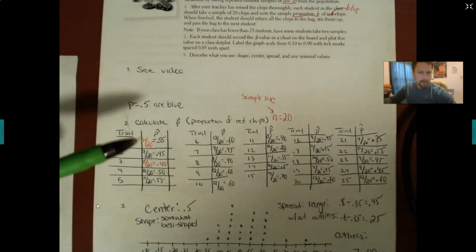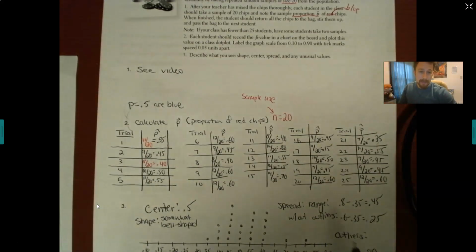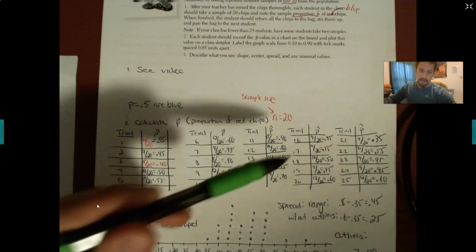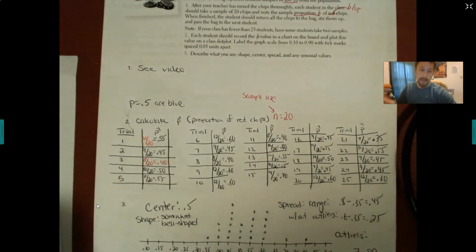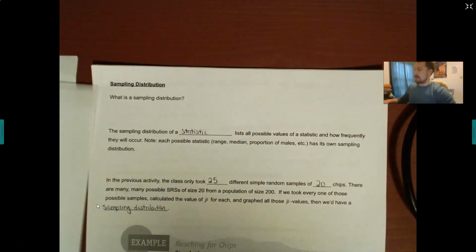And this is what we got in 25 different samples. So you can see the sampling variability and how it changes from sample to sample since it's a random selection. We looked at how the dot plot looked for my selections. And that is where we stopped. Okay, so this is where we're going to continue.